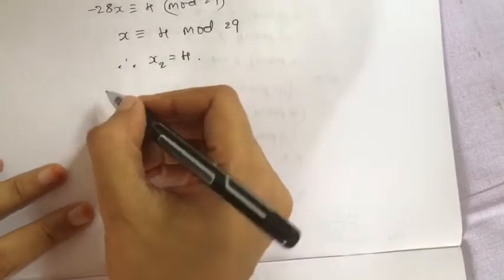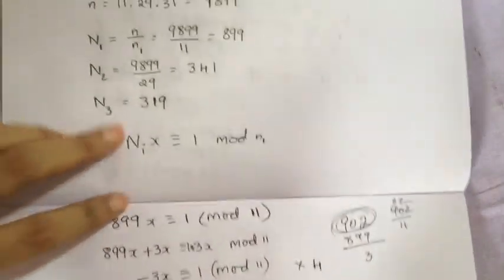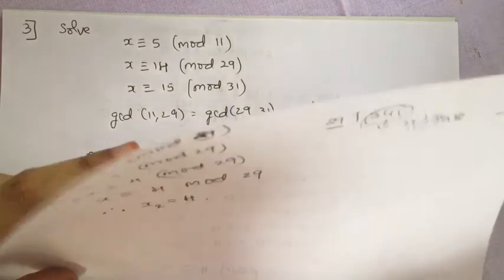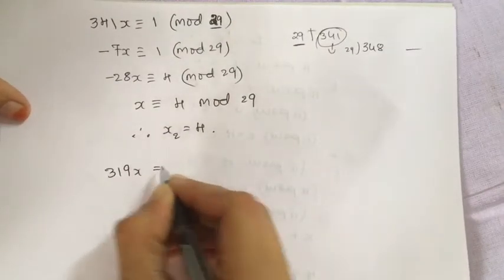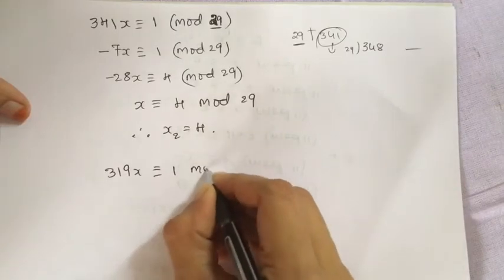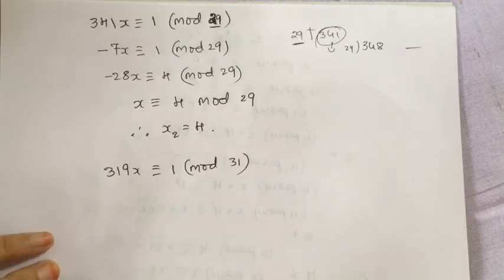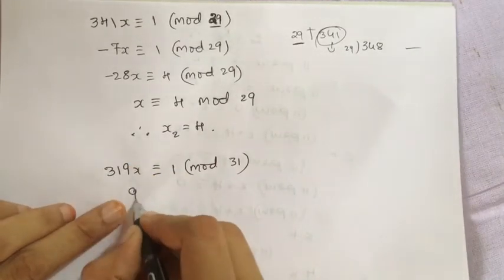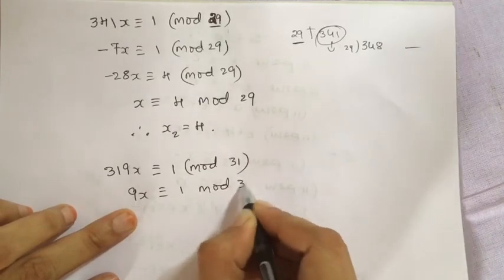Third equation is 319x congruent to 1 mod 31. You can do it by yourself. Adding 9, we get 9x congruent to 1 mod 31.